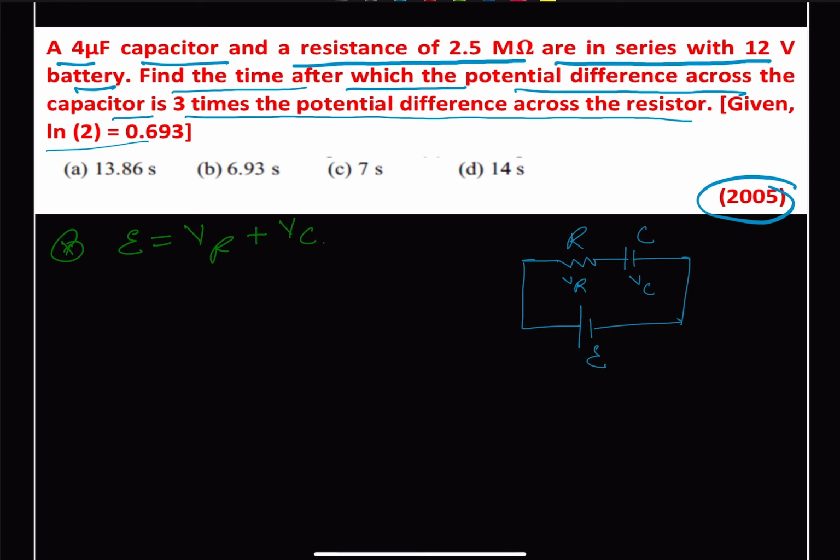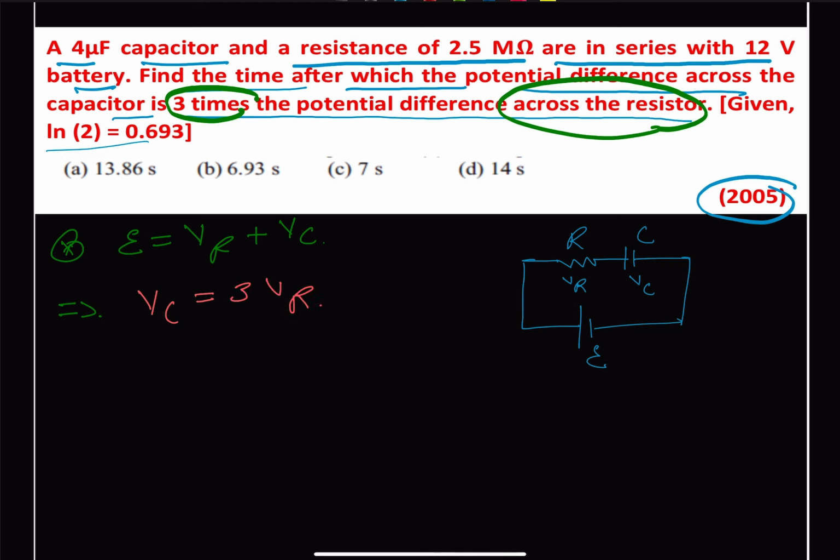And we are given in the question that the potential difference across the capacitor is 3 times the potential difference across the resistor. Therefore, we can write that VC is equal to 3 times VR.